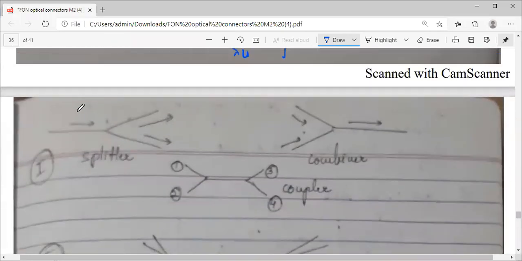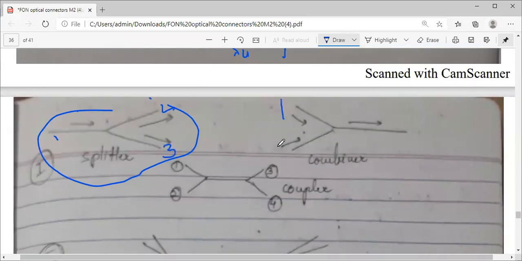You can see here I have given examples of the first category, 3 and 4 port. There are 3 ports here, 1, 2, 3. Here it is also 1, 2, 3. So these are 3 port devices. You can see power coming from the main fiber.